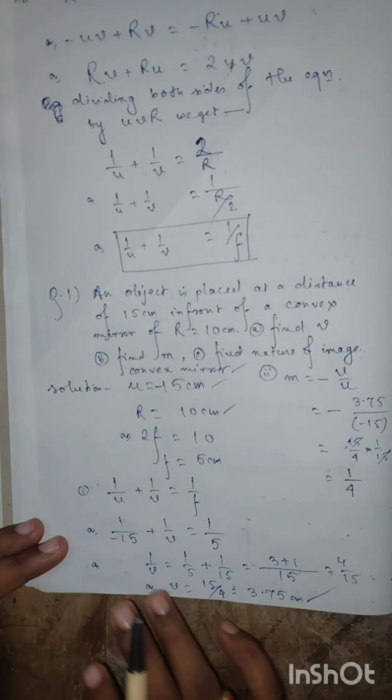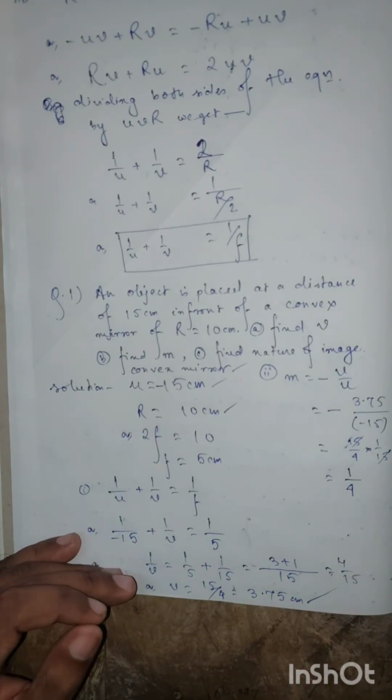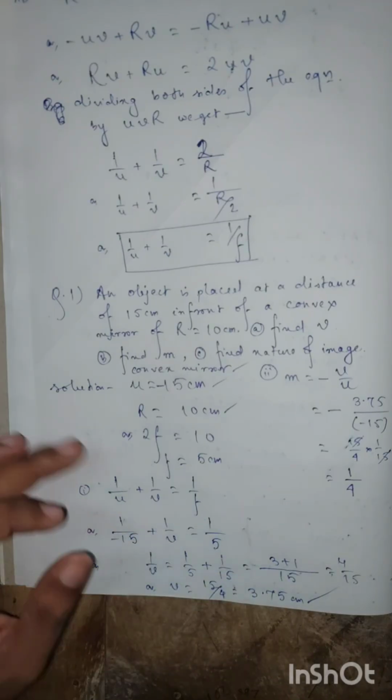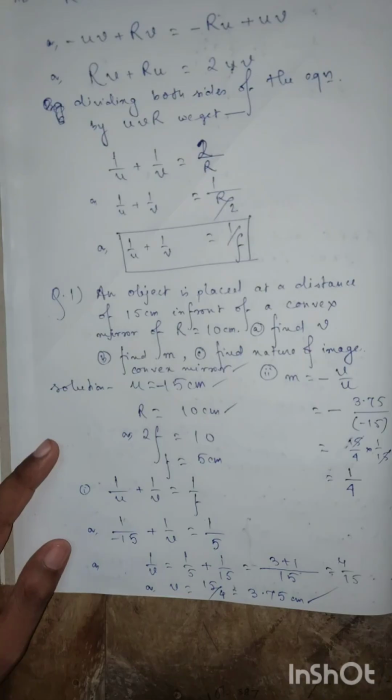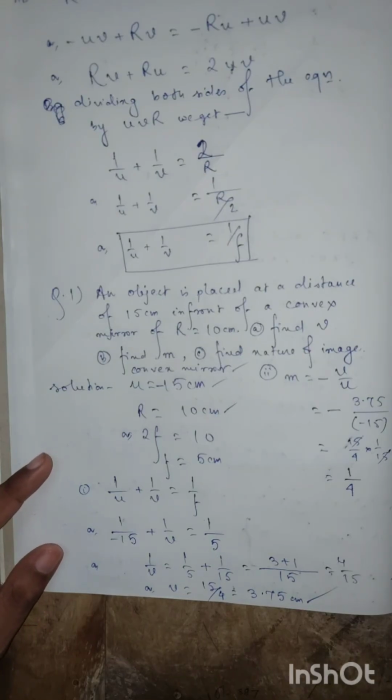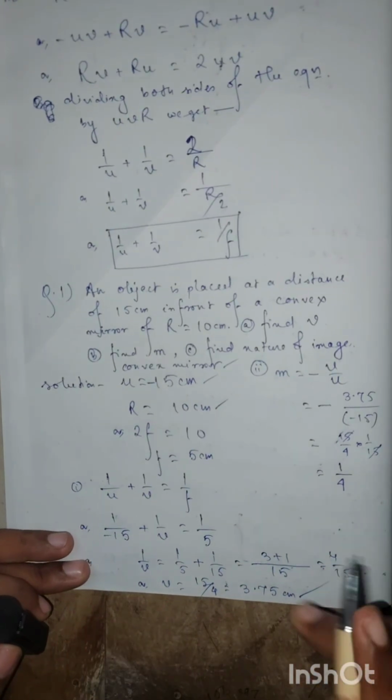That means size of the image is 1/4 of the size of the object. We know in case of a convex mirror the size of the image is always smaller than the object. So this is part 2 of this question. Now solution of part 3.